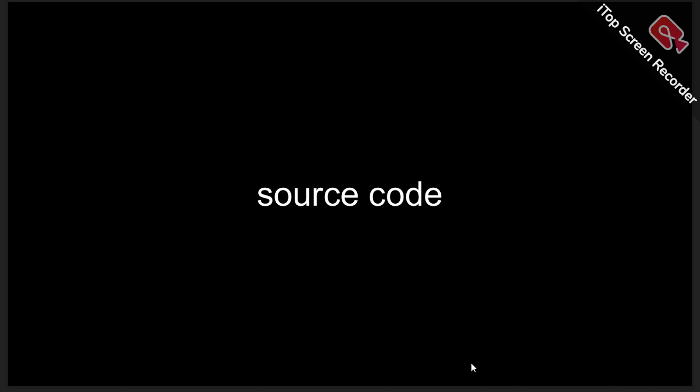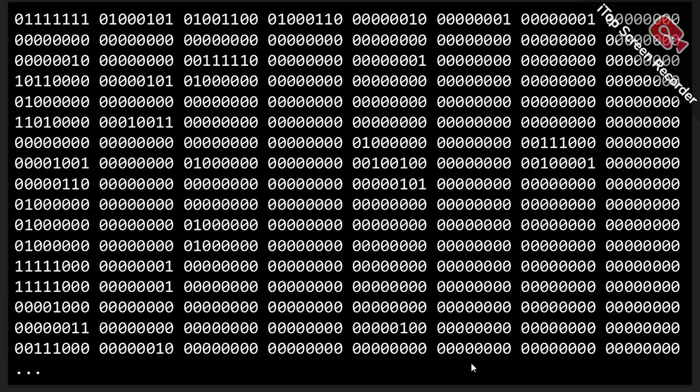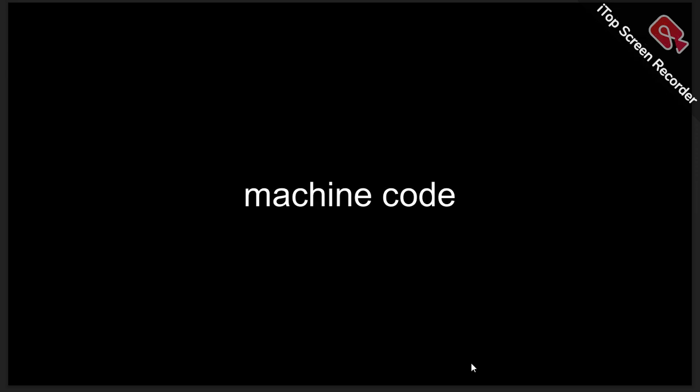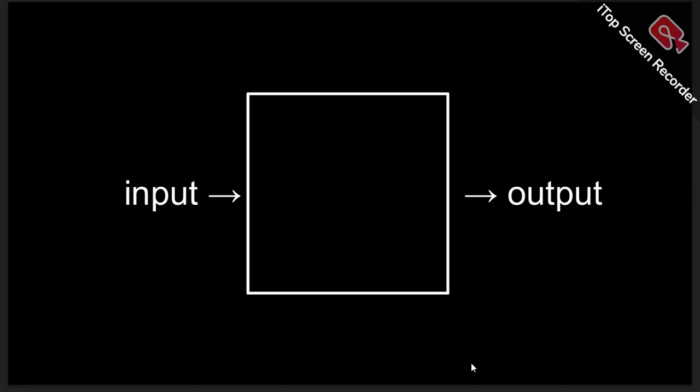So there is a thing called source code. It is the code that we provide to the computer. The source code that we give to the computer is then converted into machine code.